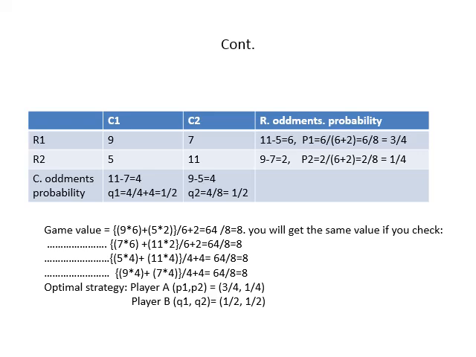The oddments of C1 is the difference between the values in C2. C2 consists of two values, 11 and 7.